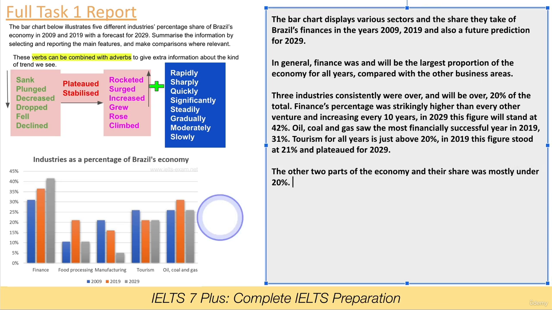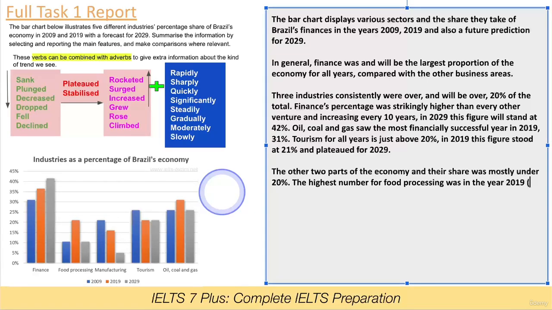So we're sort of grouping them together here and telling the examiner this is how we're going to put them together. So let's just pull a few details from, let's start with food processing and their successful year in 2019. The highest figure or number for food processing was in the year 2019, and I like a brackets, we can do 21%.